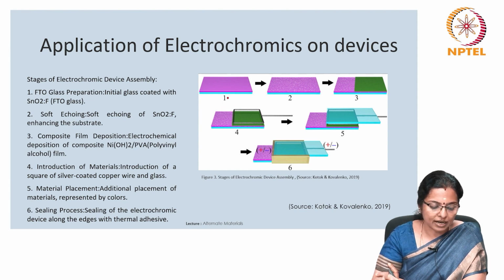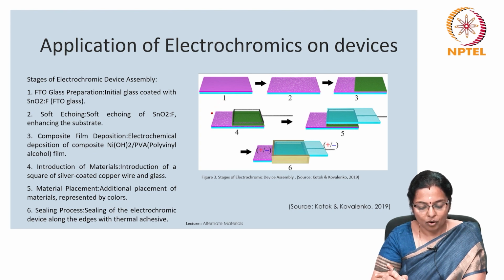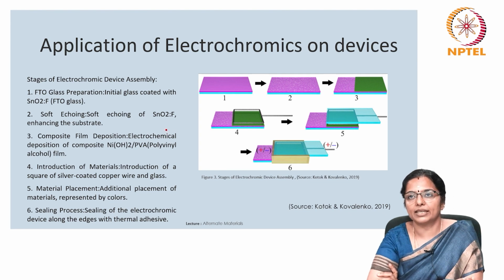The initial glass is coated with tin oxide, enhancing the substrate. The assembly process involves preparing FTO glass with SnO2, tin(IV) oxide, which is also known as stannic oxide. Fluorine coating for substrate enhancement happens.